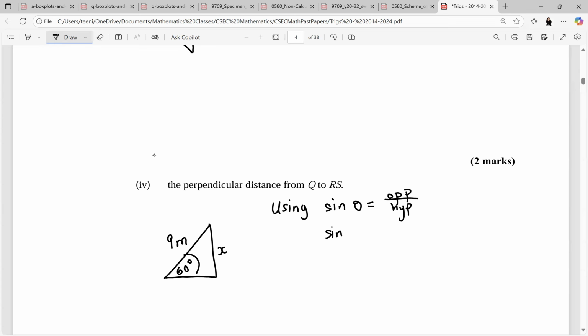Sine of 60 is equal to x, the side we're trying to find, over the hypotenuse, which is 9. Therefore x is equal to 9 times sine of 60 degrees, which is 7.8, taken to one decimal place.